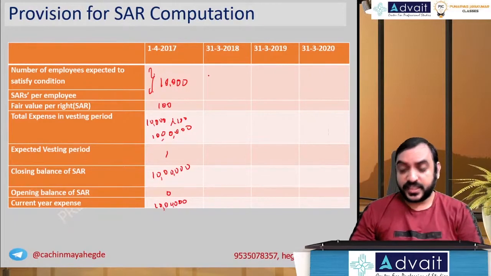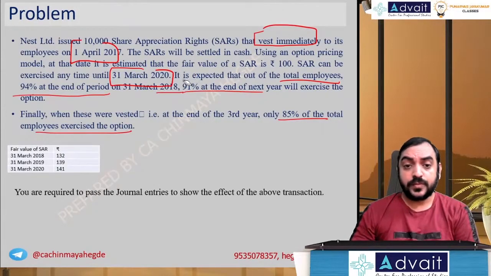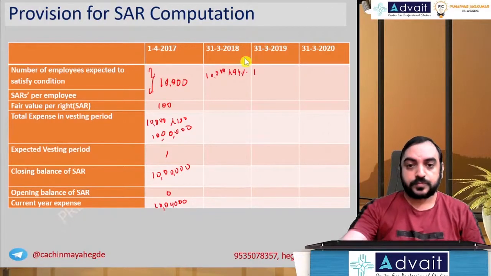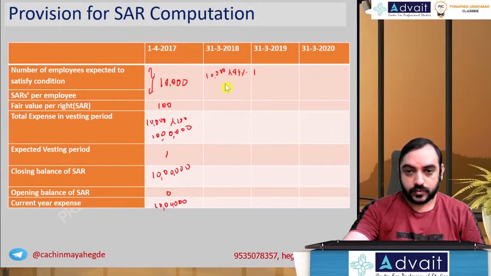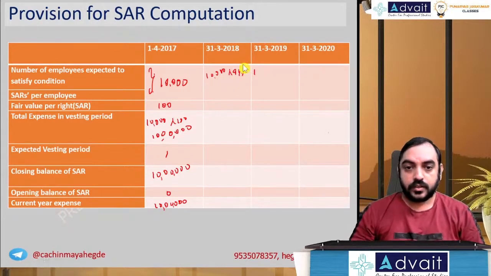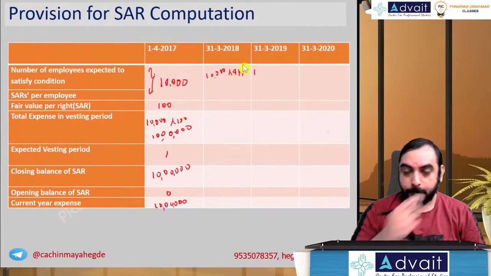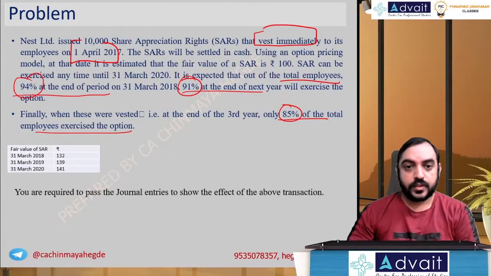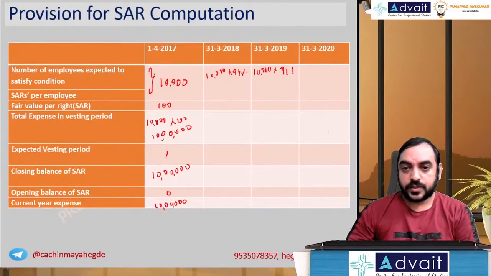Then the estimation changes. You see the estimation happened to be 94%, 91%, ultimately 85%. So 10,000 into 94%, 10,000 into 91%, 10,000 into 85%.